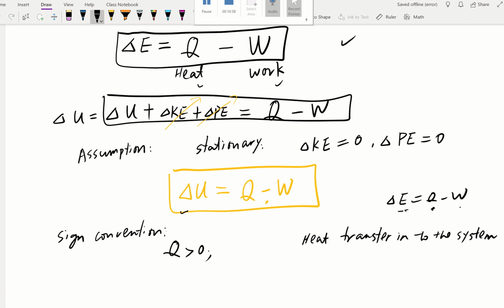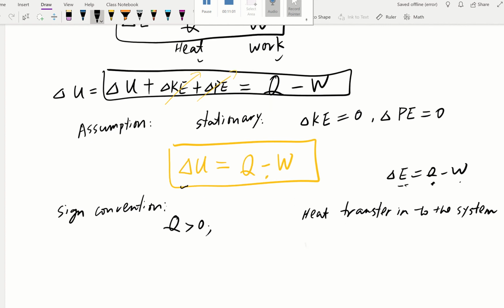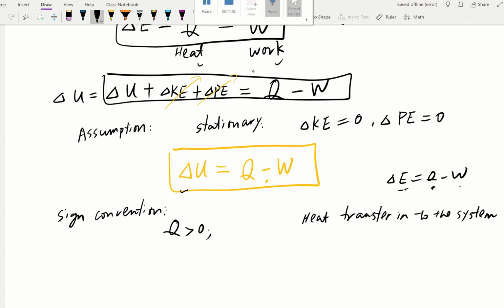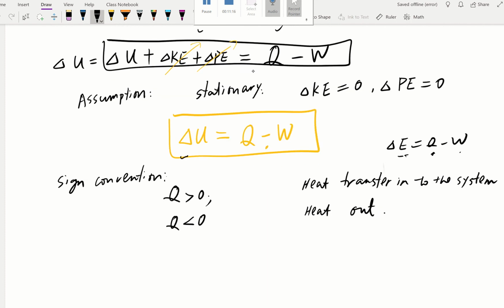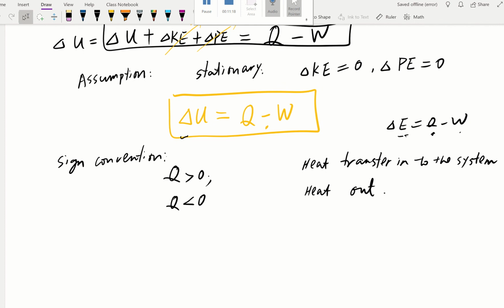So the change is positive, which means energy increases. Then intuitively, if there's heat coming out of the system, leaking out of the system, of course that Q is going to be considered negative. That's going to be our negative value. So that would decrease the energy.